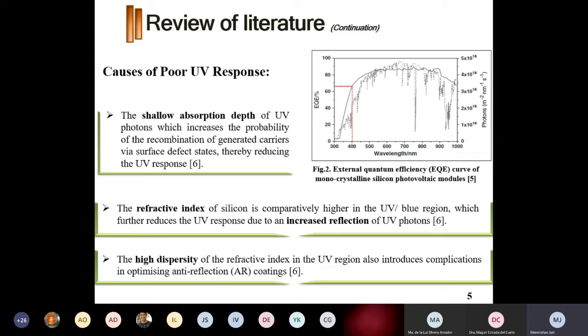Except for it, the refractive index is very high in this UV region, which further reduces the UV response because it increases the reflection. Due to the high refractive index, the dispersivity is also very high, which complicates the optimizing of anti-reflection coatings.